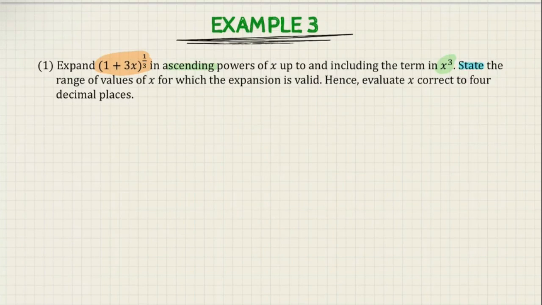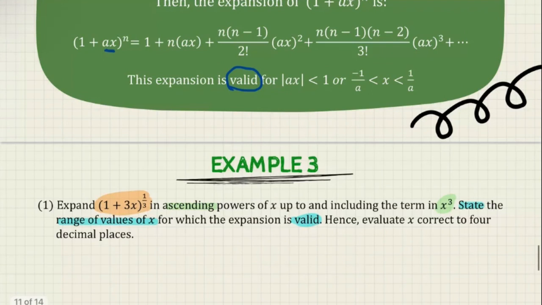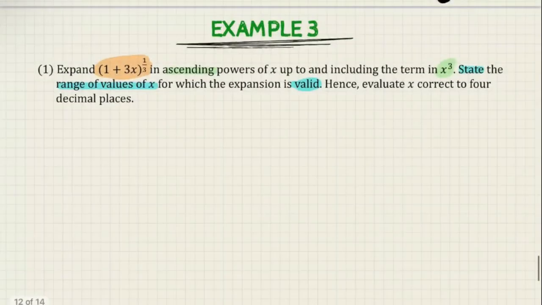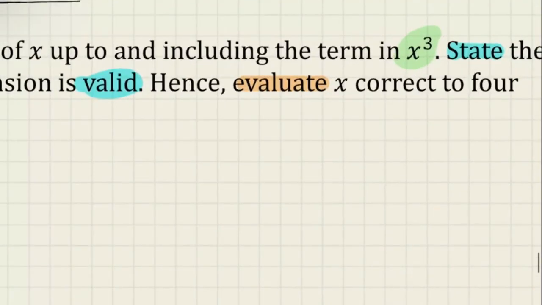State the range of values of x which the expansion is valid. So kat sini sebenarnya kita kena check dia punya validity. Okay. Ada 3 soalan rupanya. Dan the next question is hence evaluate. Okay, kejap. Typo rupanya.